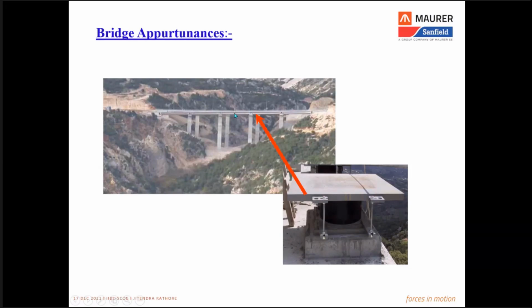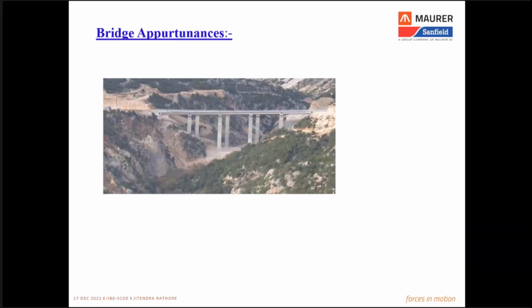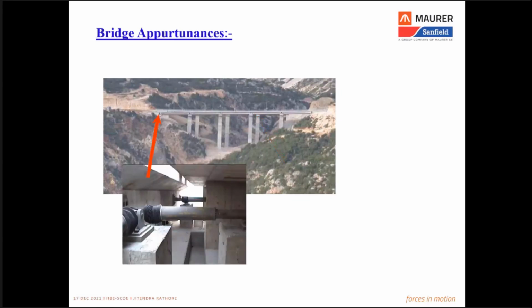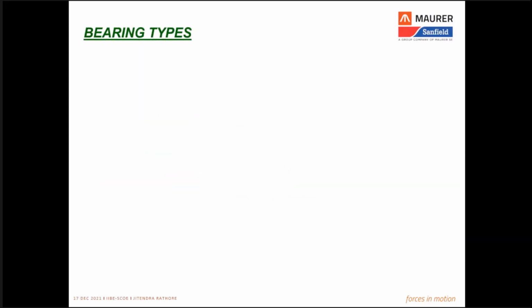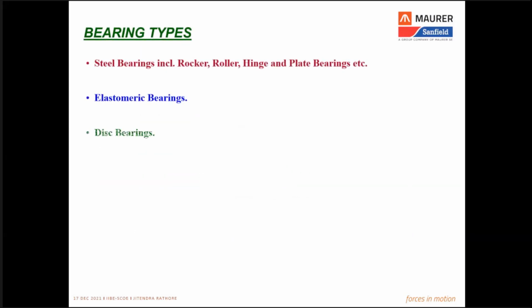That means there will be a projection from one end of the deck which is supporting the bearing, and the other end of the deck will be resting on top of it. So those are certain special applications, we will discuss them later. And besides the joint and the bearing, sometimes in some special cases the bridge has some other appurtenances also, which are the shock transmission units or the seismic devices. So basically, this is where the bridge bearings are applied into a bridge structure.